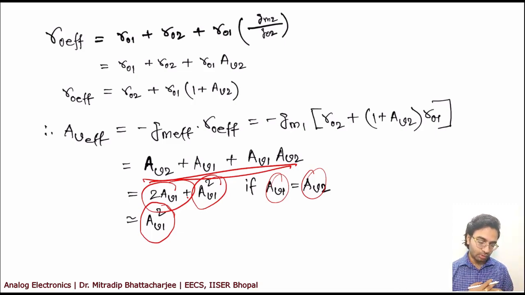So what did we get? The gain of your cascode amplifier circuit is equal to the square of the gain of your M1. This is what we have just seen.